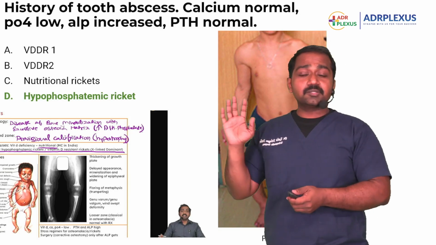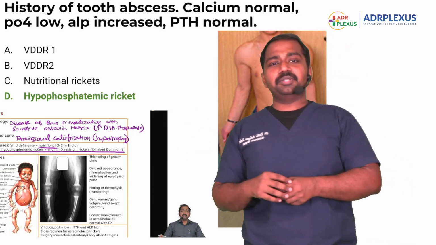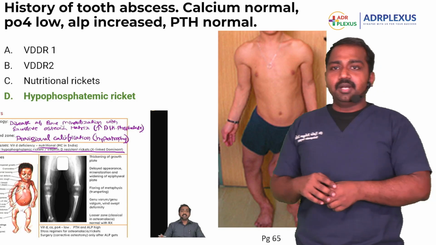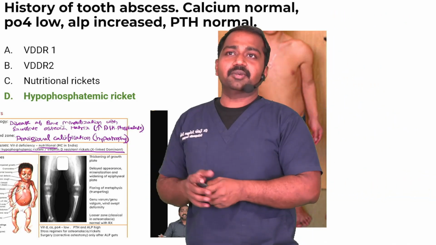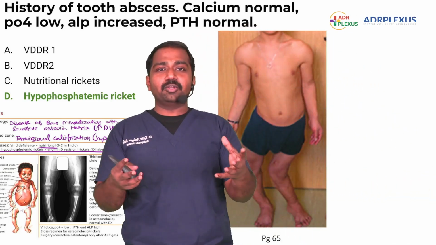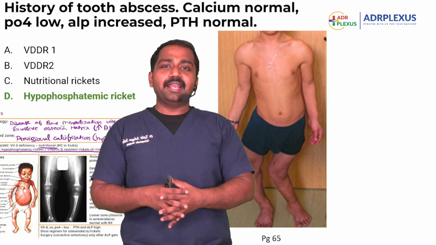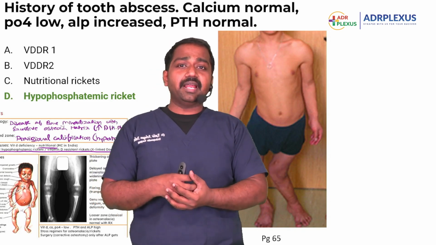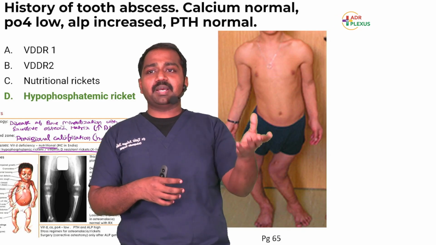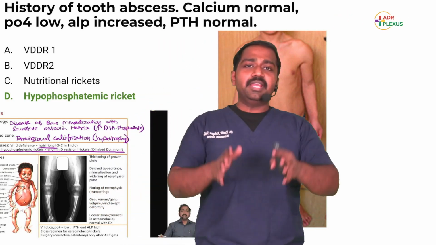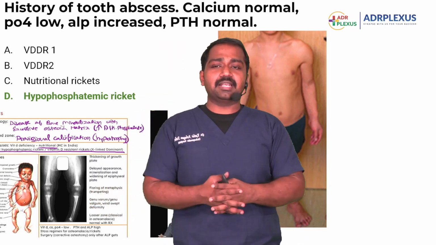Next question. This was like a warning message I told you during the class while discussing my page number 65, rickets. You all think only nutritional rickets is rickets, but there are several types of rickets. If we ask about the parameters of rickets, people would always say everything is low except alkaline phosphatase.